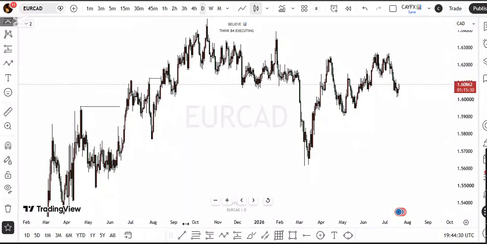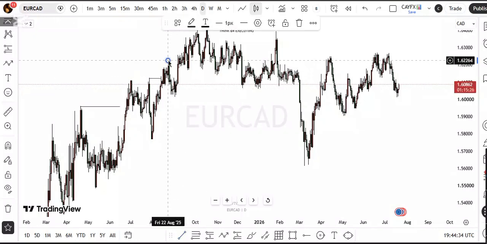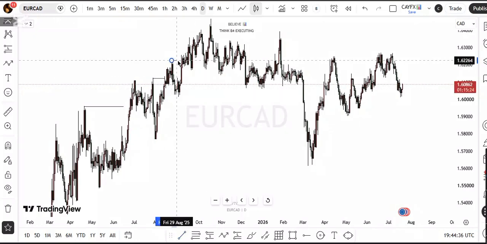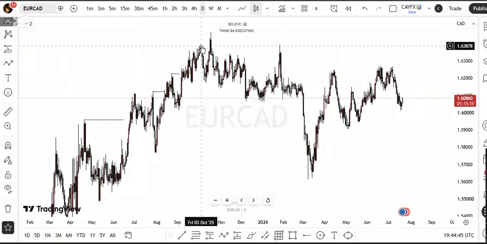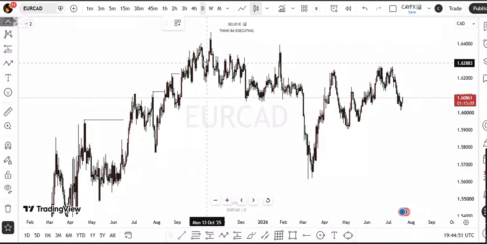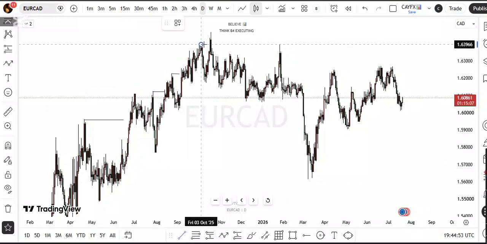I'm just marking out those significant breaks of structure that I see. These are the visible breaks of structure that I see. And this one too, this is the last break of structure to the upside.